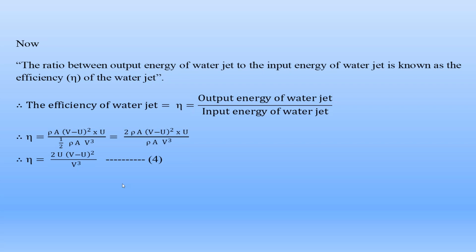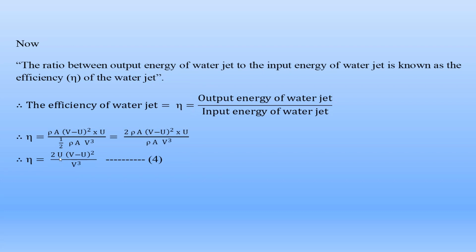Now we are going to discuss what is the maximum efficiency of the water jet in this condition. Since the efficiency of the water jet eta depends on the absolute velocity of the plate u, from this equation it is clear that if V, the absolute velocity of the water jet, is constant, the efficiency of the water jet depends on the velocity u.